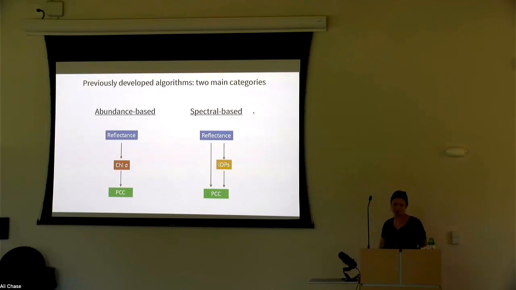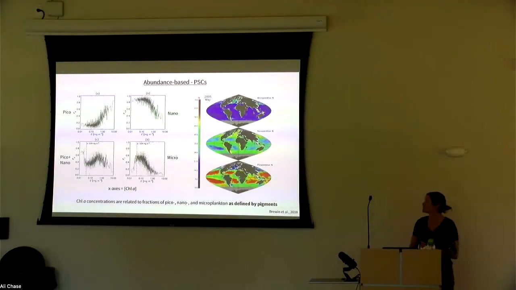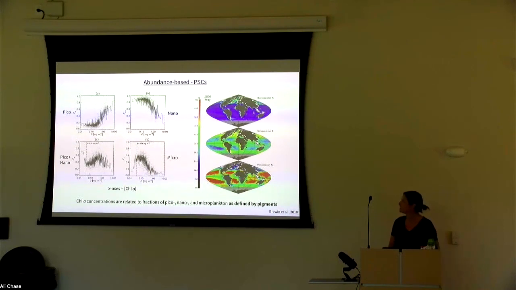So I'm not going to go through comprehensively all previous studies, but I have some tables and references in here so you can have a picture of previously published papers for your records. But I'll just talk about a couple examples of how this has been done. So for abundance-based, this is first PSCs, so phytoplankton size classes.